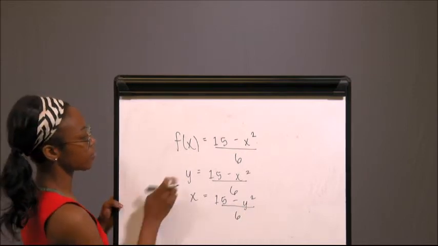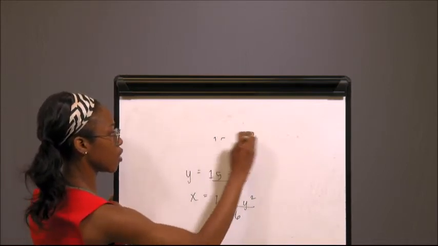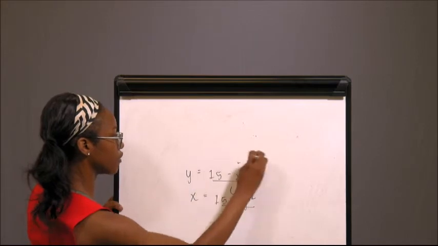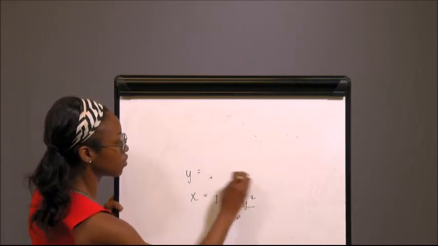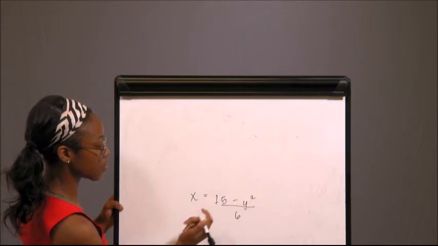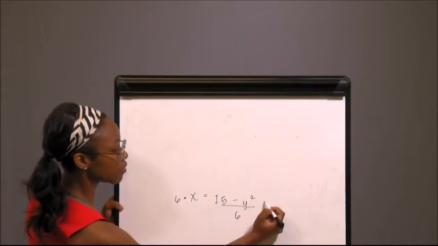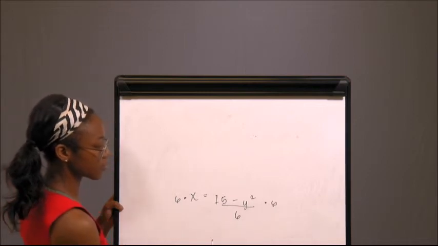Alright, so now we want to get rid of the fraction. So we're just going to multiply this by 6 and multiply all this by 6.